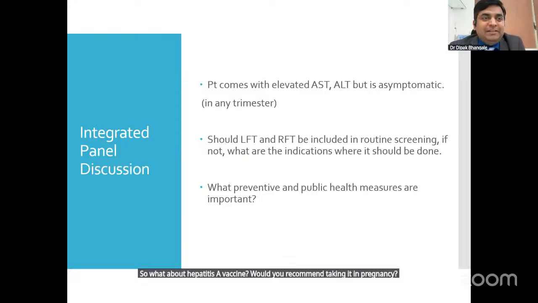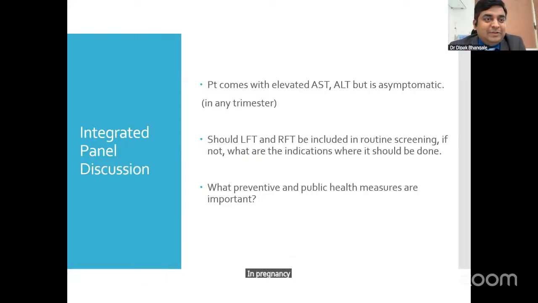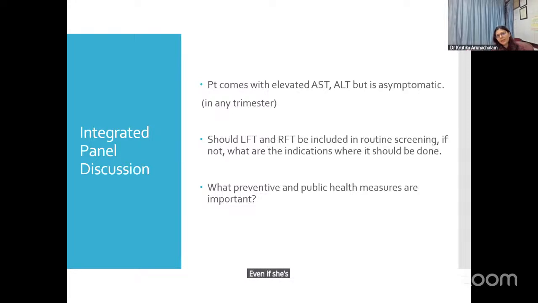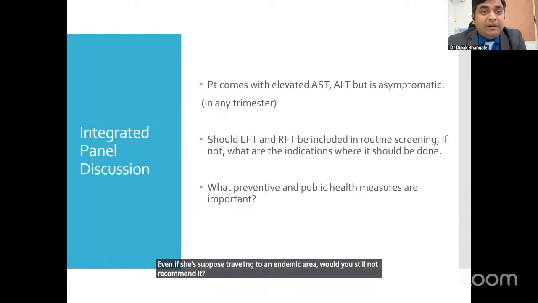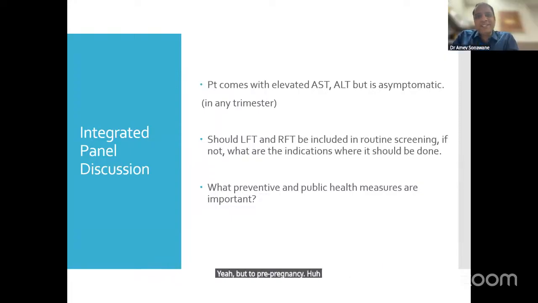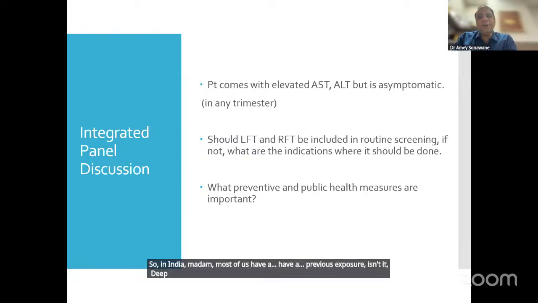In pregnancy, I don't think so. Before, 2 doses, 6 to 12 weeks apart. Even if she's traveling to an endemic area, would you still not recommend it? So in India, madam, most of us have a previous exposure, isn't it, Deepak? If we do a hepatitis A IgG, like 70% of us will be positive.